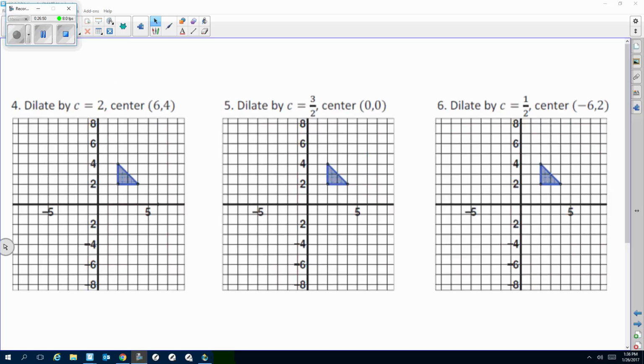On number 4, our center of dilation is at 6,4. I'm going to make that X. Work smart, don't overwork, because this is a right triangle. Okay, I'm going to put vertices A, B, C, just to help make sure you see what points I'm referring to.